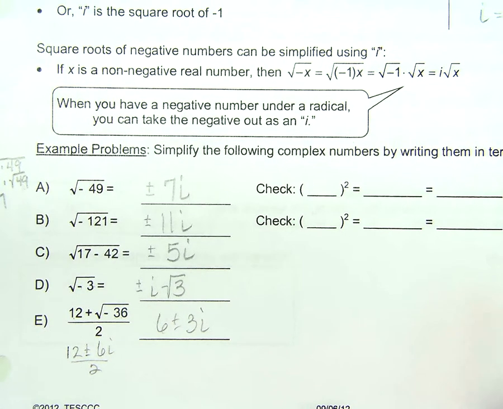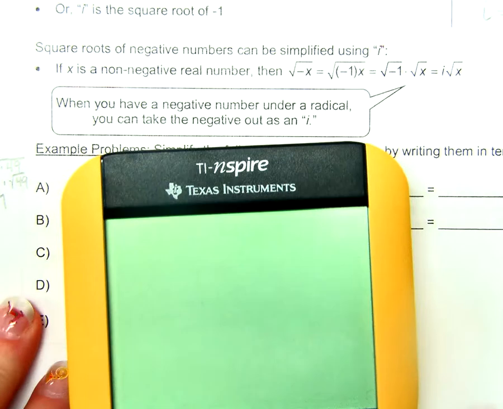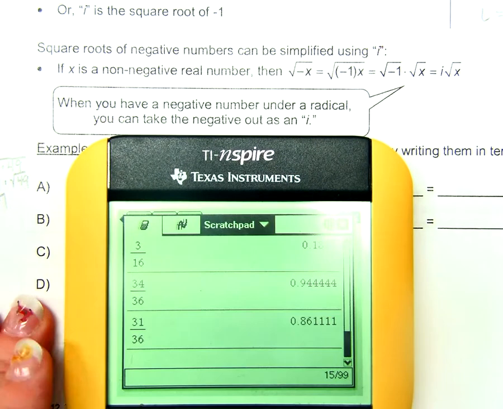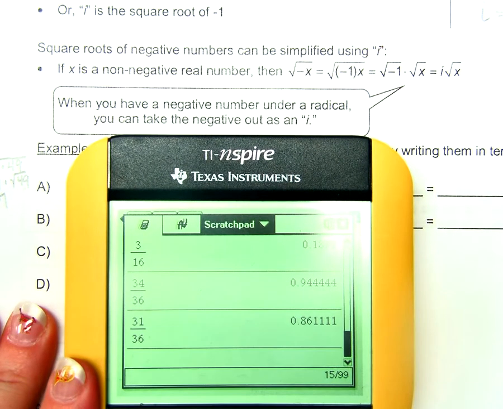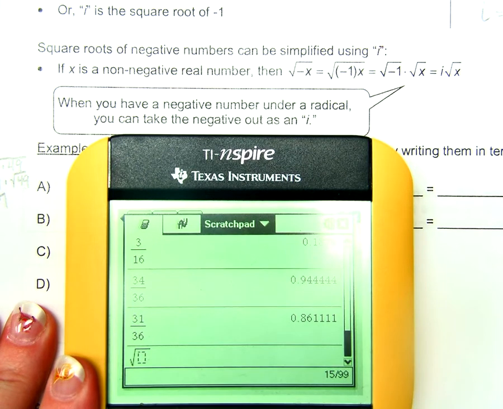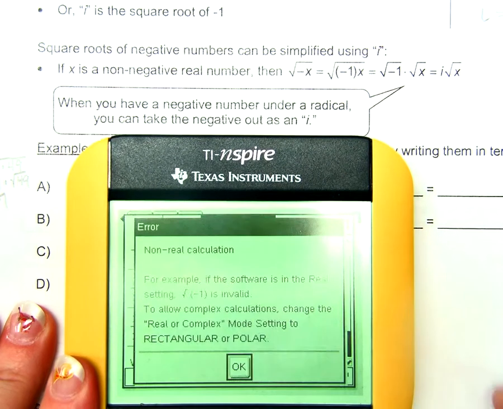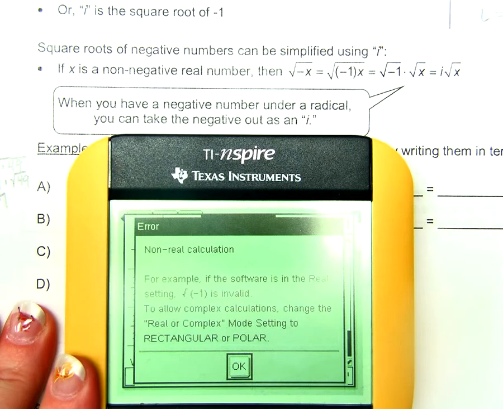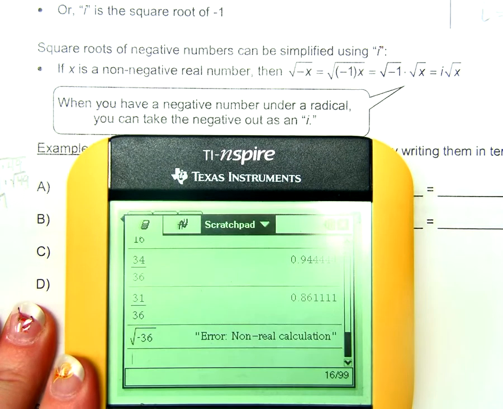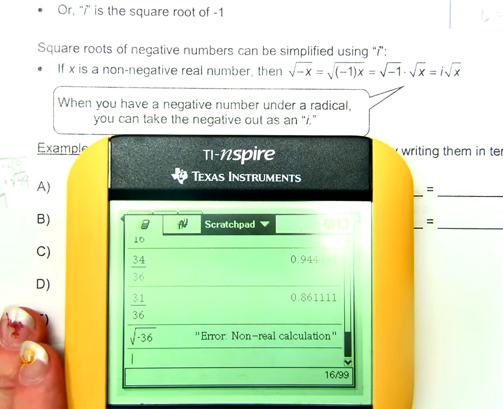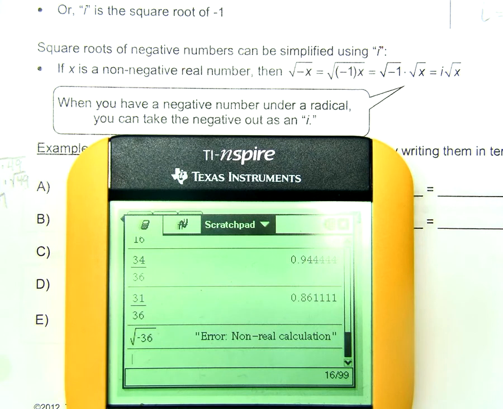Ask me. I don't know if these new calculators do this or not, because we haven't gotten here yet. But if I say the square root of negative 36, non-real calculation, it just won't let you. That's a very good question.